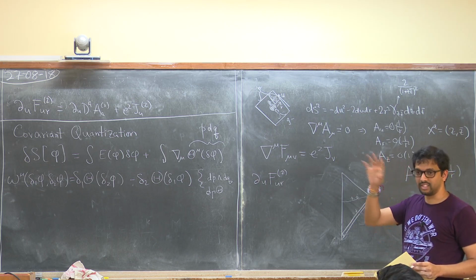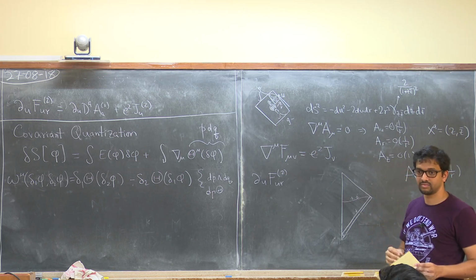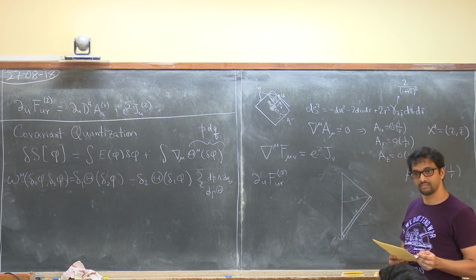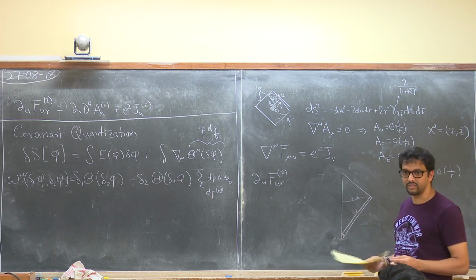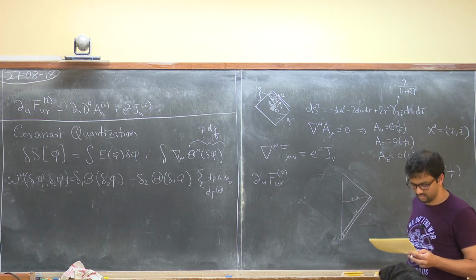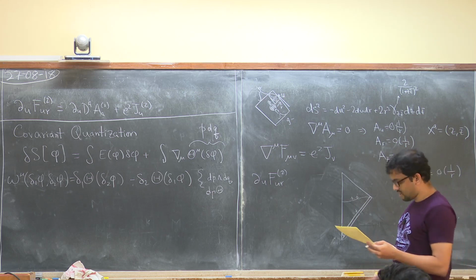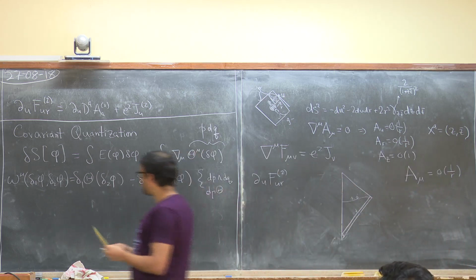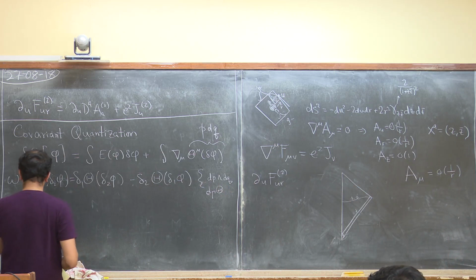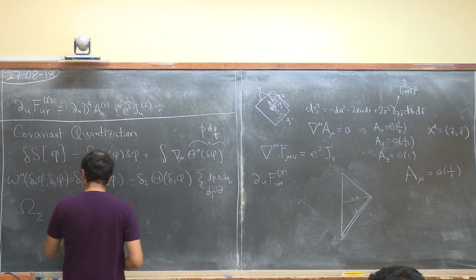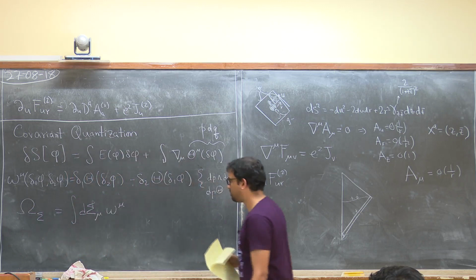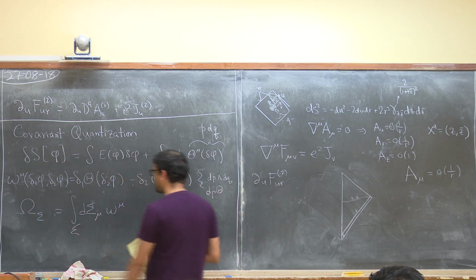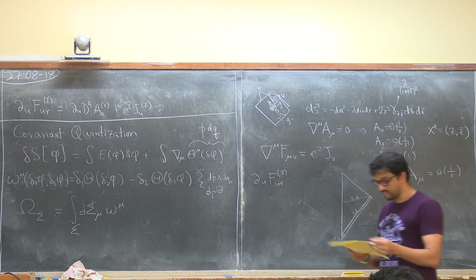And then in order to get what's called the pre-symplectic form, you just integrate this on any Cauchy slice, and this gives you the pre-symplectic form.